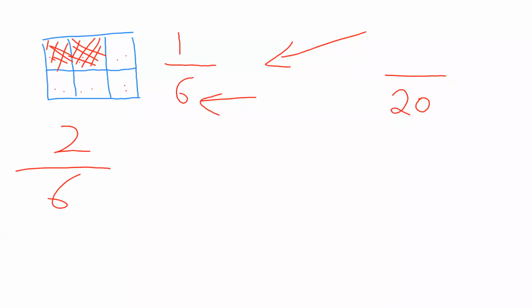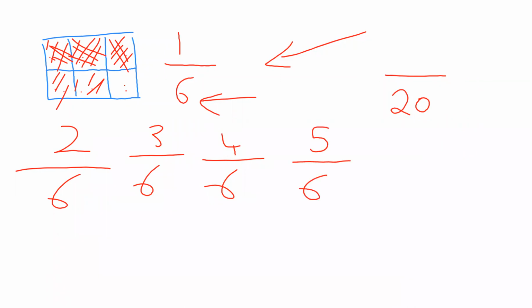If I have 3 squares shaded, it's 3/6. But if I have 4, it's 4/6. Exactly. If it's 5, thank you. Perfect. It's 5/6.